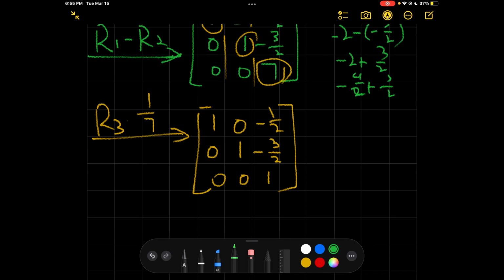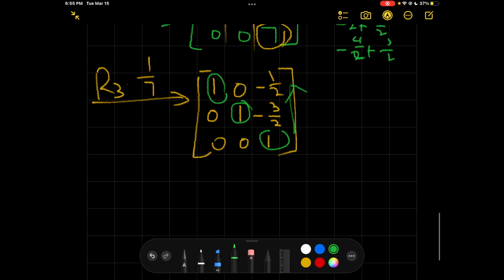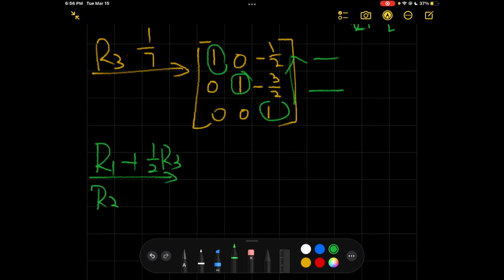Okay, now we have this and this one which we should knock out. We can do it at the same time, knock out row 1 and row 2. So row 1, how do we get a 0? Plus half of row 3. How about row 2?